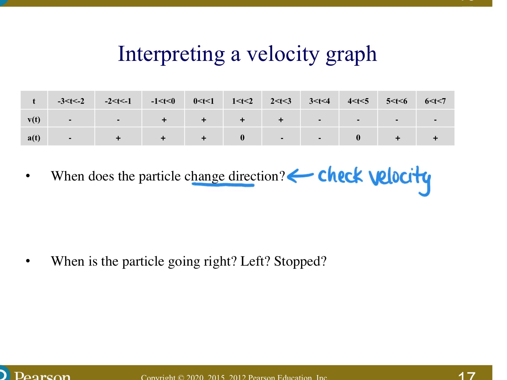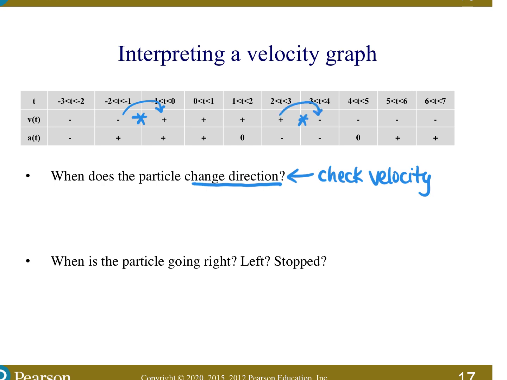A change in direction always means a checking of velocity. And we want to identify where it changes direction. In other words, on my row for velocity, where did the plus change to a minus or the minus change to a plus? So hopefully you see that right here, where the minus changed to a plus. And then we should see it again right here, where the plus changed to a minus.